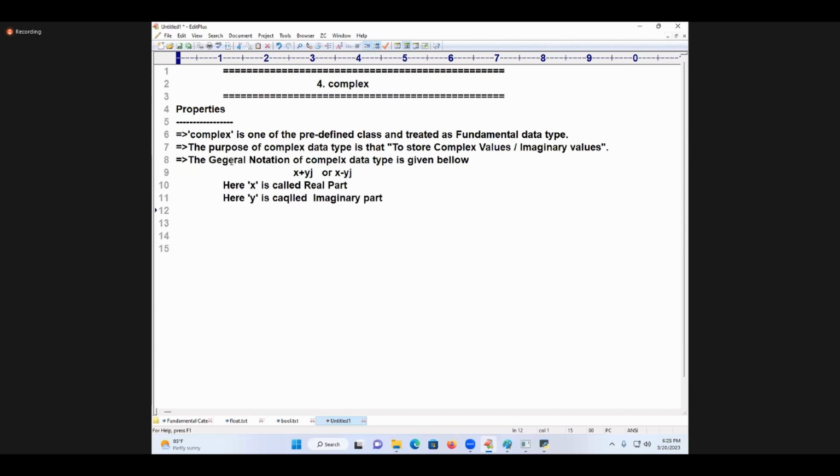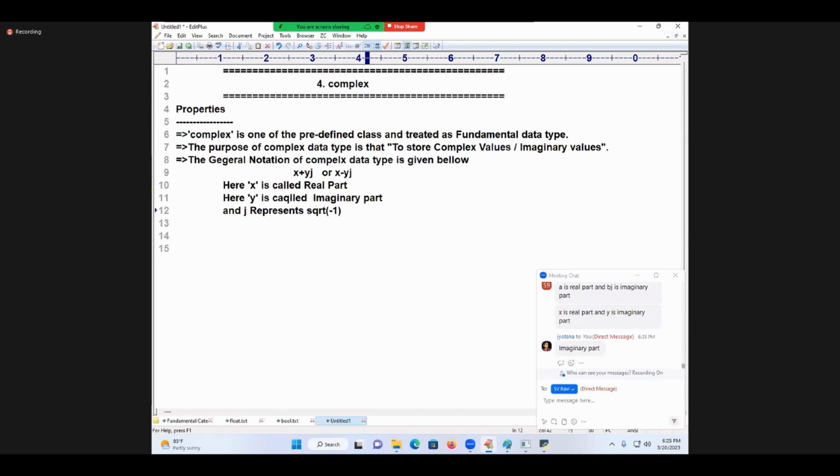Imaginary part, done. And j represents the square root of minus 1, because I cannot write the symbolic notation in the notepad, students. So you can understand, I hope so. j is equal to the square root of minus 1.